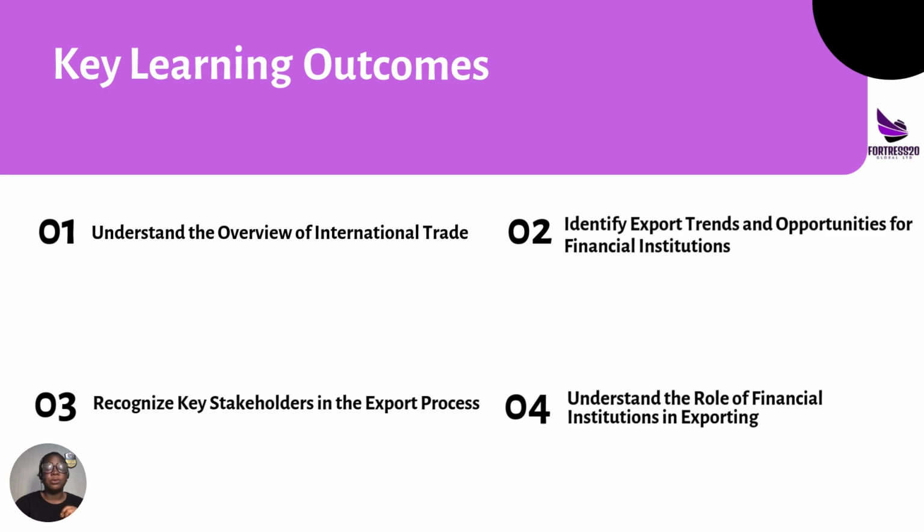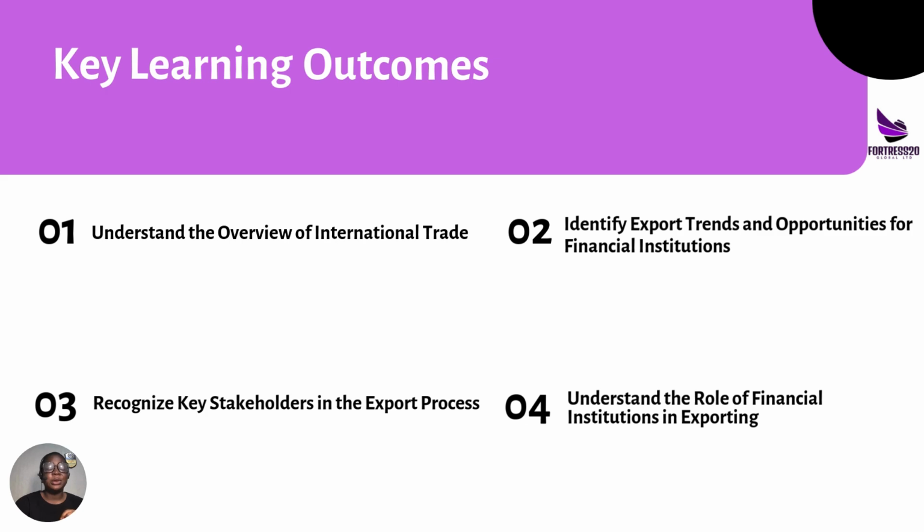Number three, recognize key stakeholders in the export process. At the end of this course, you should be able to identify and explain the roles of the key stakeholders in the export process, including exporters, importers, banks, governments, agencies, and trade facilitators.